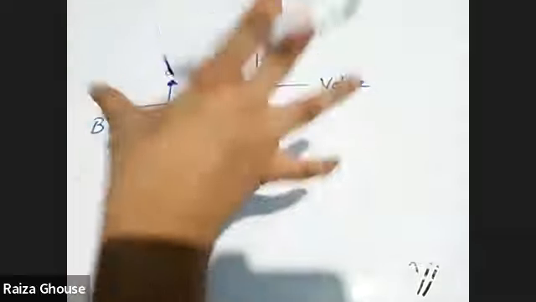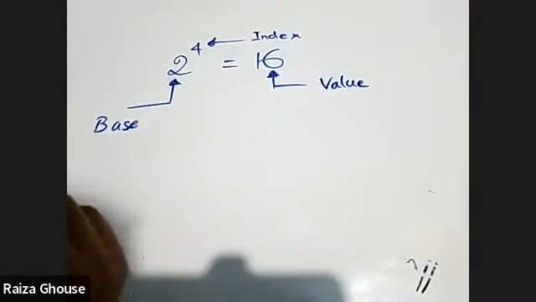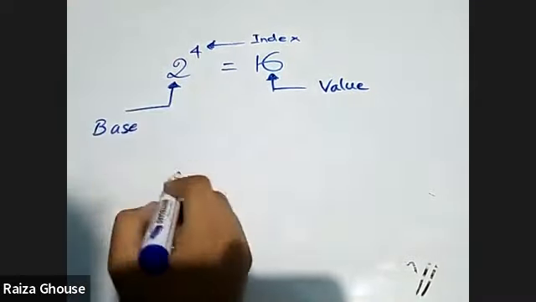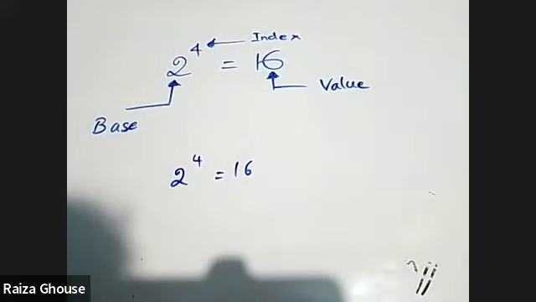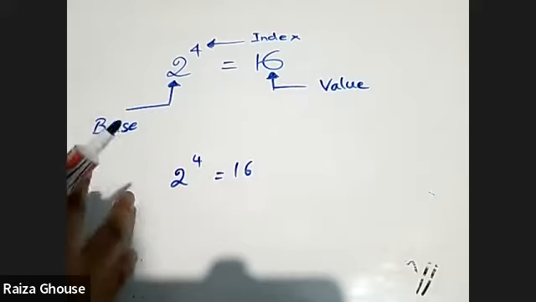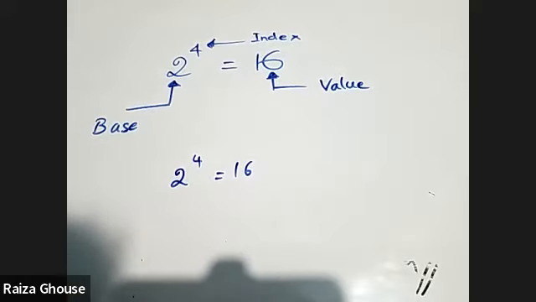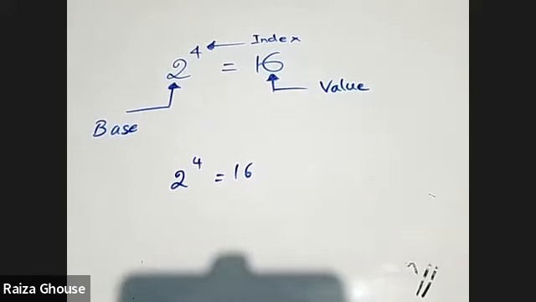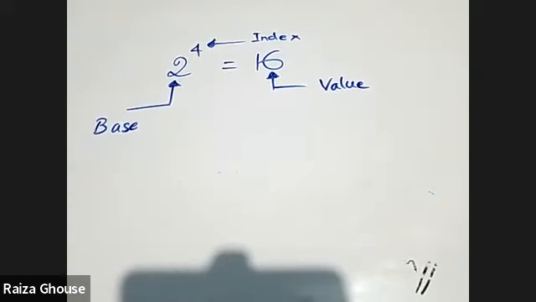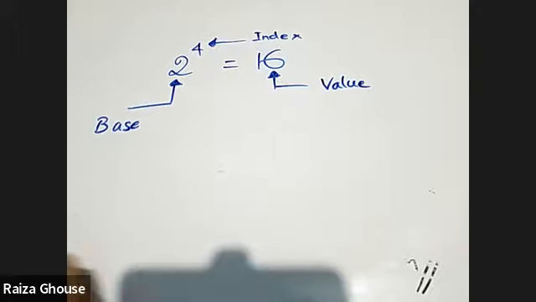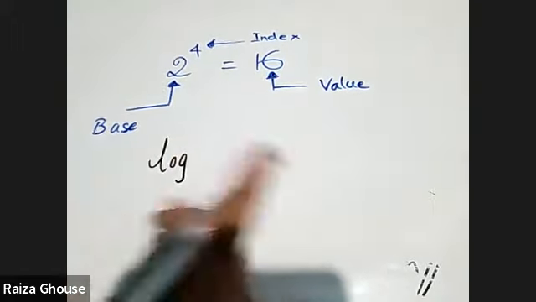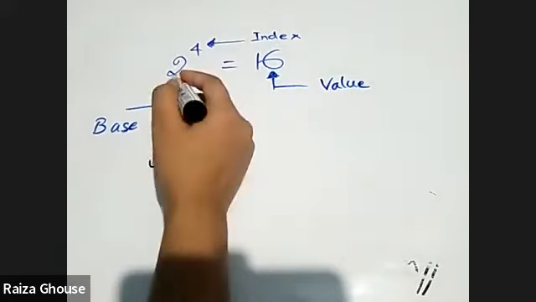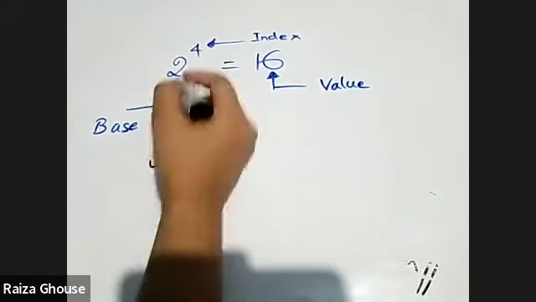Right? Now, how the questions come in your level paper, they will give this one and tell you, write the following index form in logarithmic form. How do you convert into logarithmic form? Now look at the board. If they ask to write in logarithmic form, the first thing you should do is write down log. Then you should write down your base. What is your base here? 2.